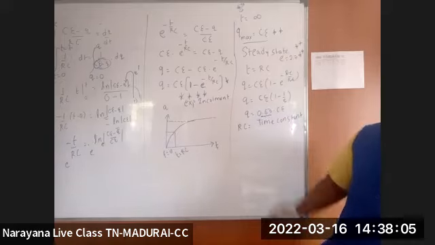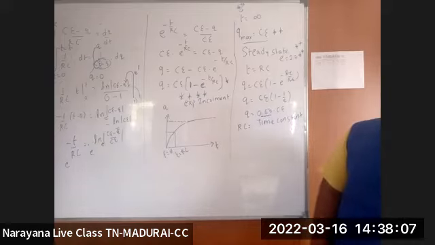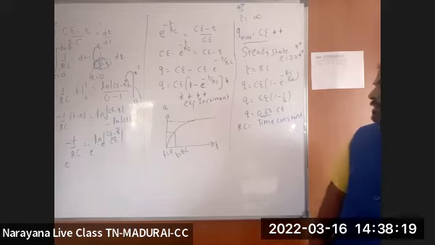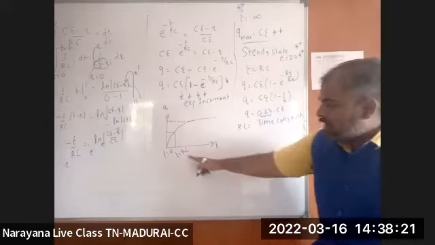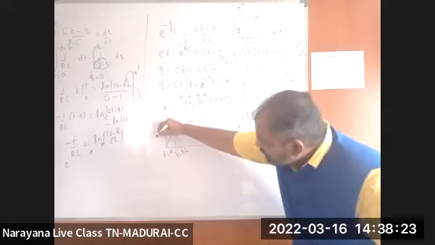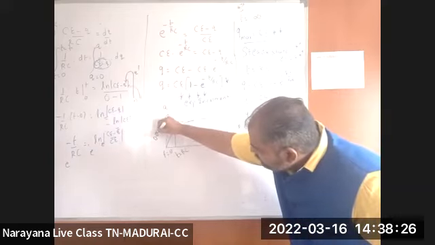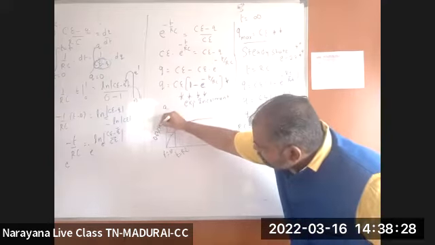How much charge? 63% of maximum charge. That time is called one time constant. 0.63 means in percentage you have to multiply with what? 100. That is the statement. So after one time constant, the charge is 0.63 into maximum charge.